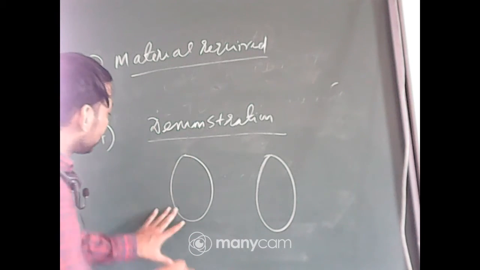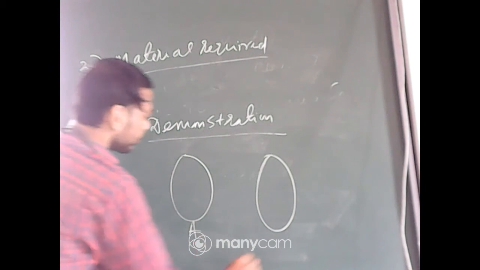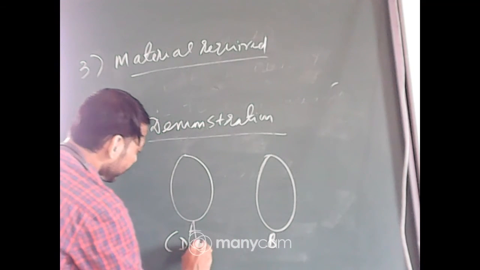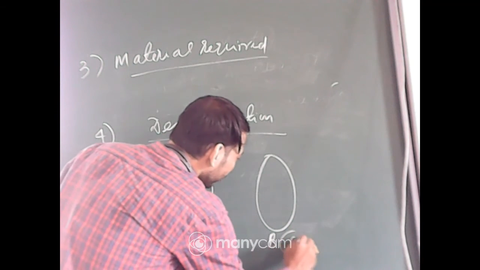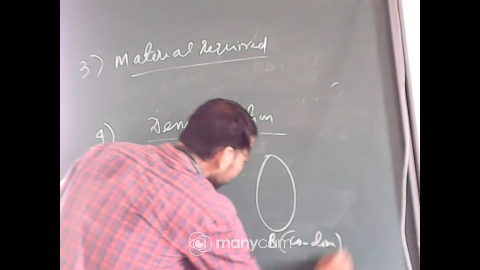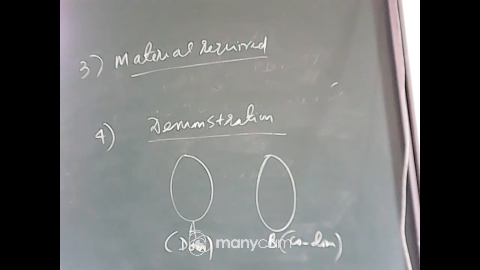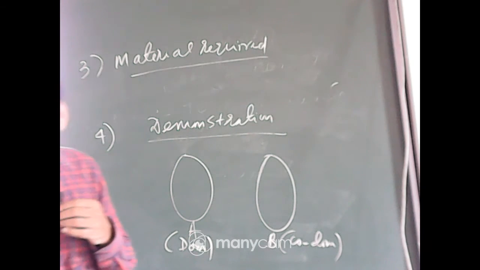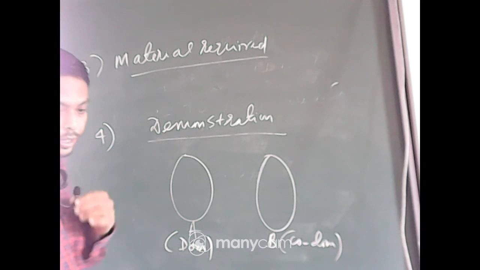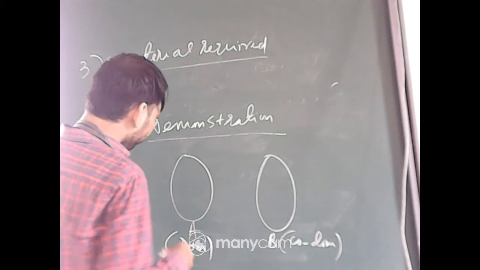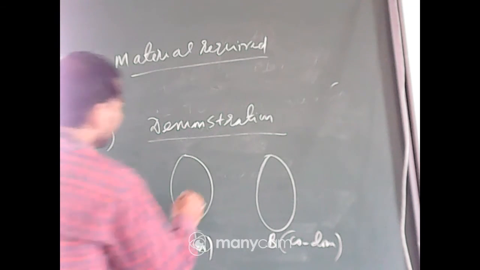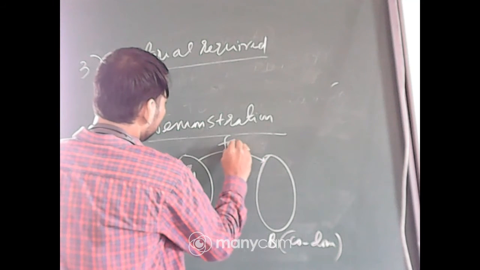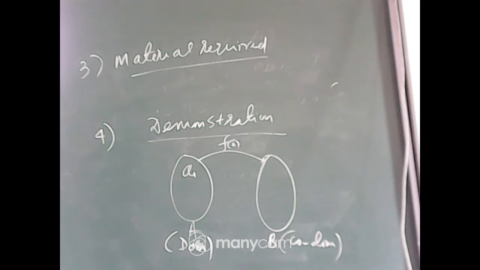This is the domain. Suppose A is the domain, and B is the codomain. Now this is not 1-1 but onto. Suppose here the function is f(x).